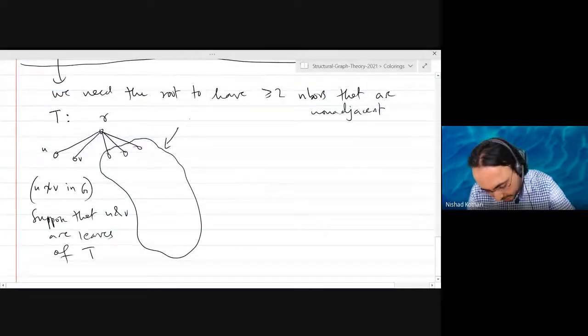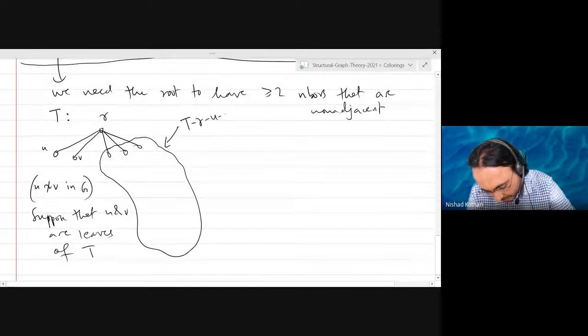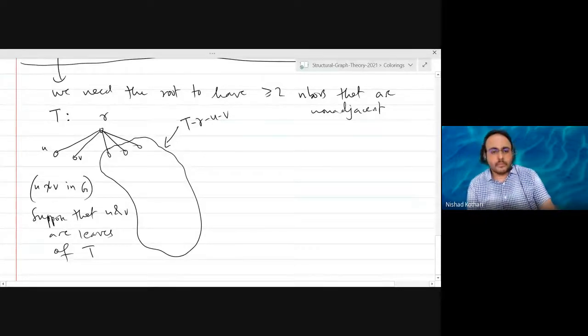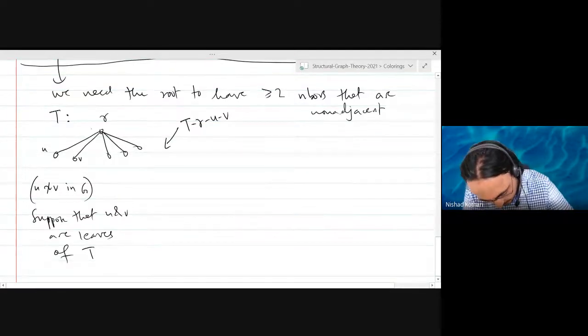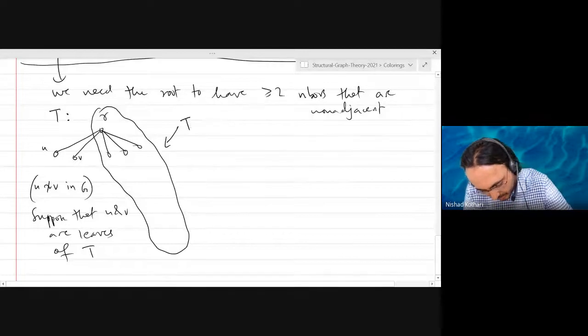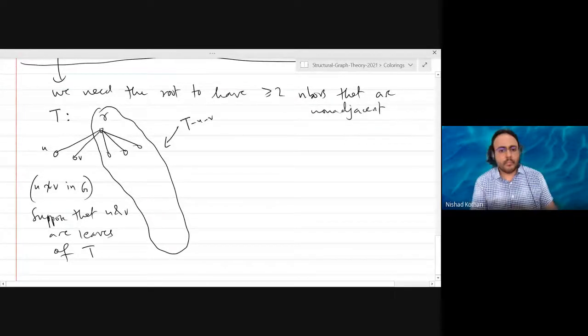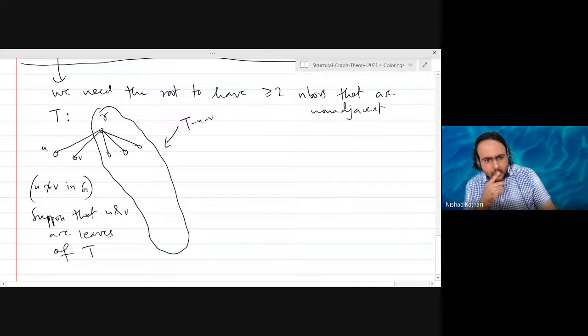This is T minus R minus U minus V. Okay. In fact, let me include R in this. Let me include R in this here. So let me look at T minus U minus V. Okay. What does this mean?